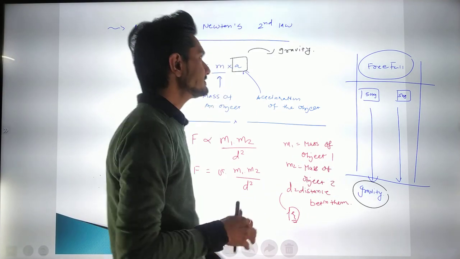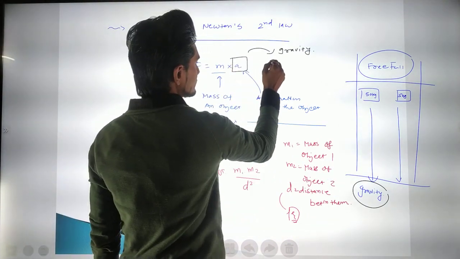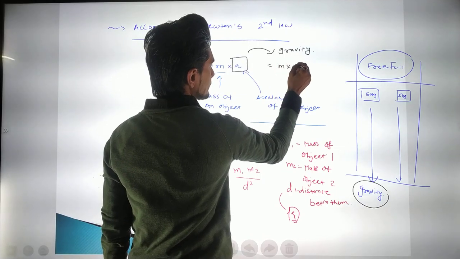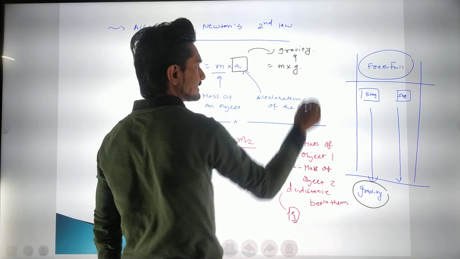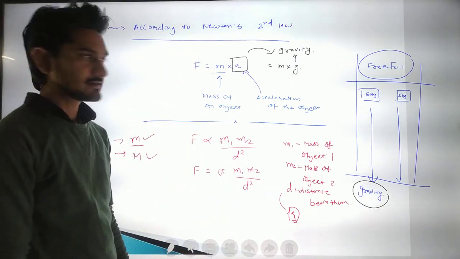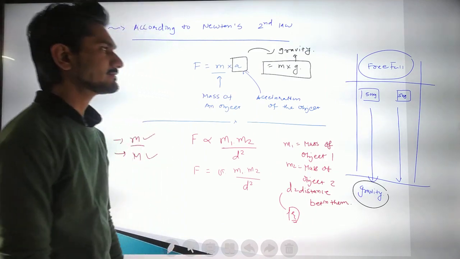So that is the reason that we can replace the acceleration with a small g. Small g is the reference of the gravity. We have replaced the acceleration with the small g. Why?